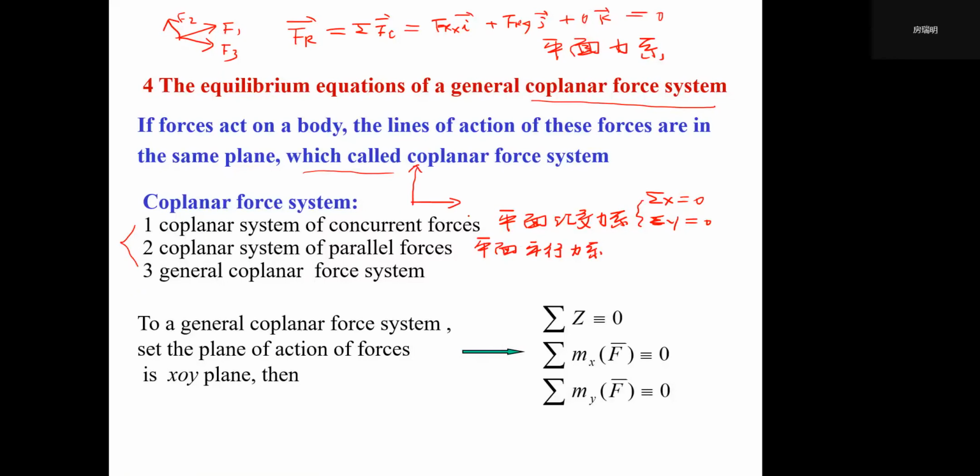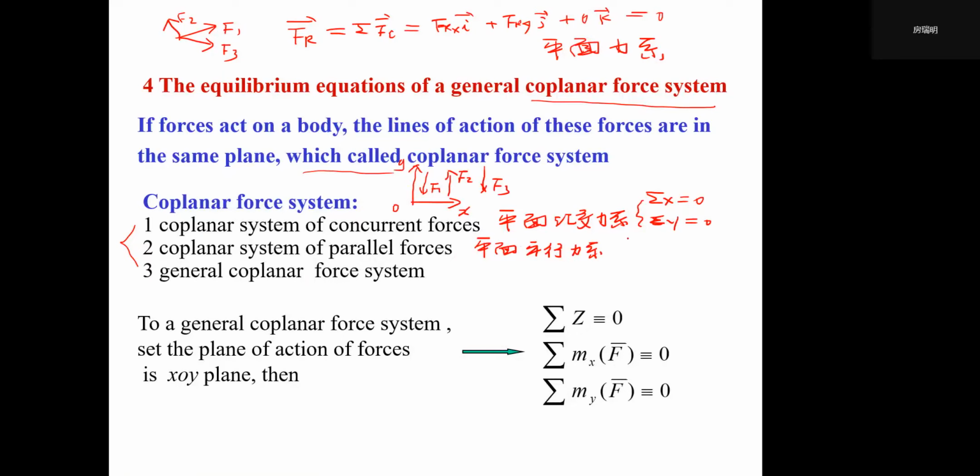This is our default coordinate system, x and y. Maybe we have F1, F2, and F3, a lot of forces, but all the action lines of these forces are parallel to the y-axis.